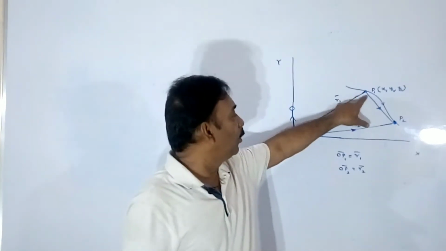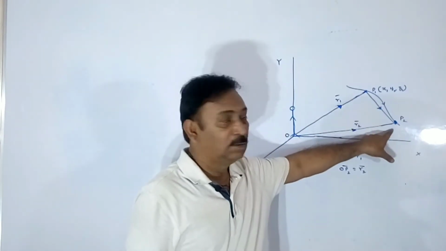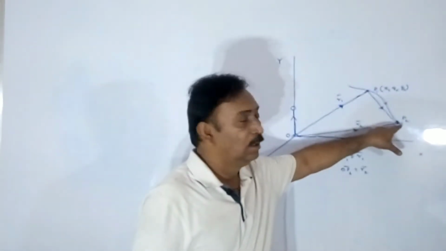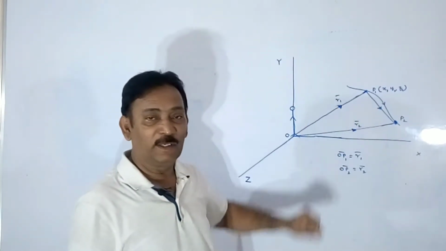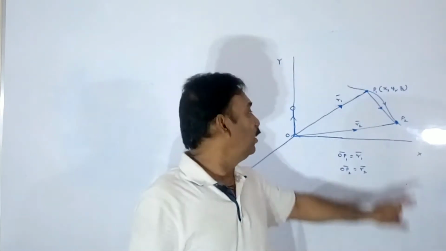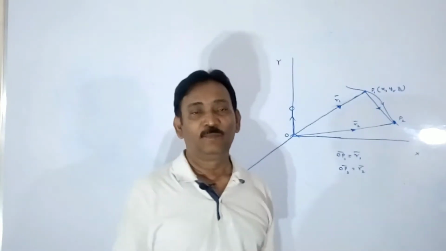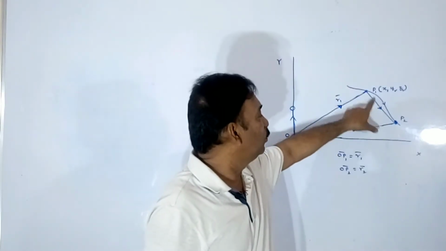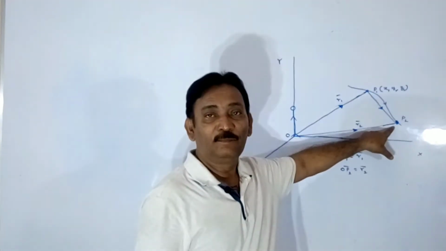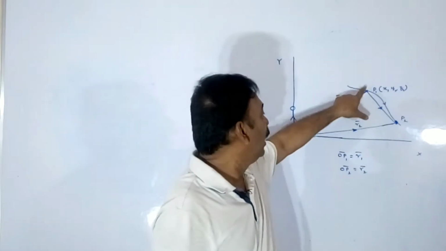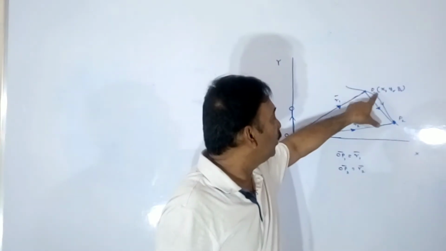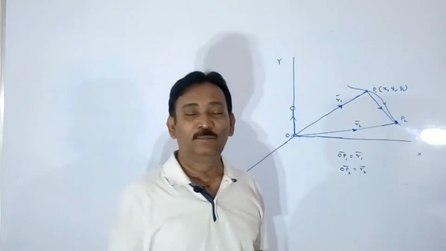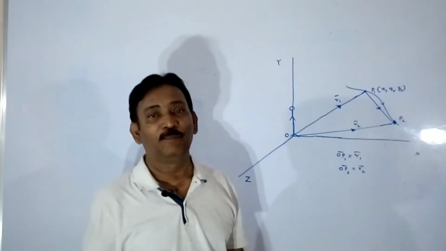This is the path of the particle along the straight line, and this one, the curved path, is the actual path of the particle, which moved from P1 to P2. Understanding me? We have one path from P1 to P2 along the straight line, and the actual path of the particle is along this curved line, from P1 to P2 only.